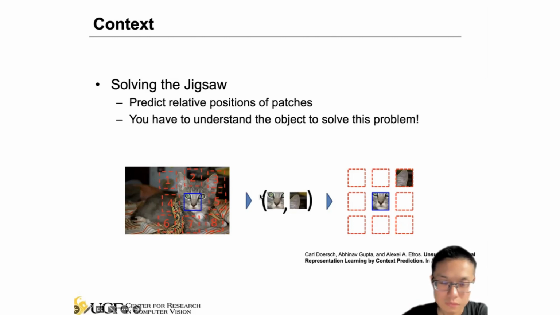Given this center patch, you also randomly pick one other patch. In this case, the selection picked the patch numbered 3, and the pretext task is to predict, given the center patch and the selected one, the position of the selected patch in relation to the center one.